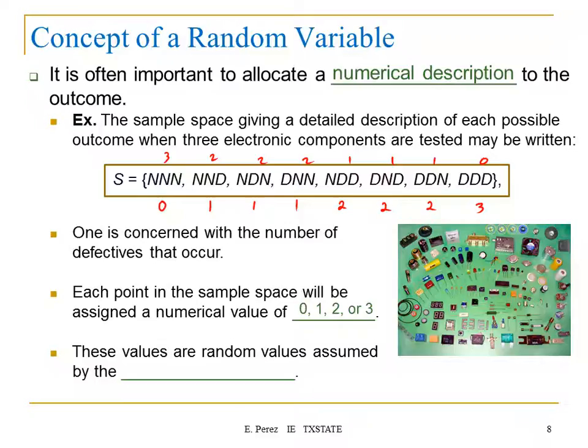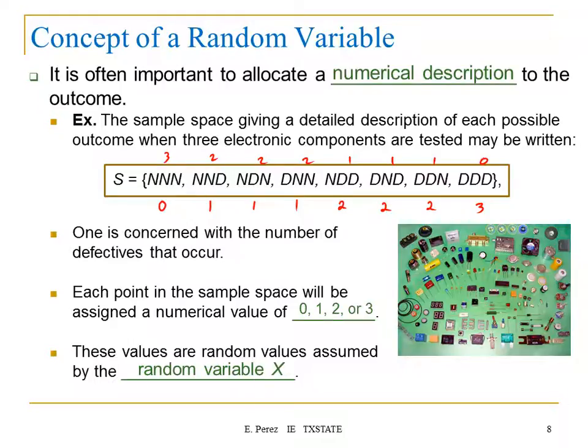If you were to have 4 electronic components for each outcome, then you know that you can have from 0 to 4. But in this case, each outcome contains only 3 electronic components. So the values will go from 0 to 3, and these values are assumed by what we call a random variable X.